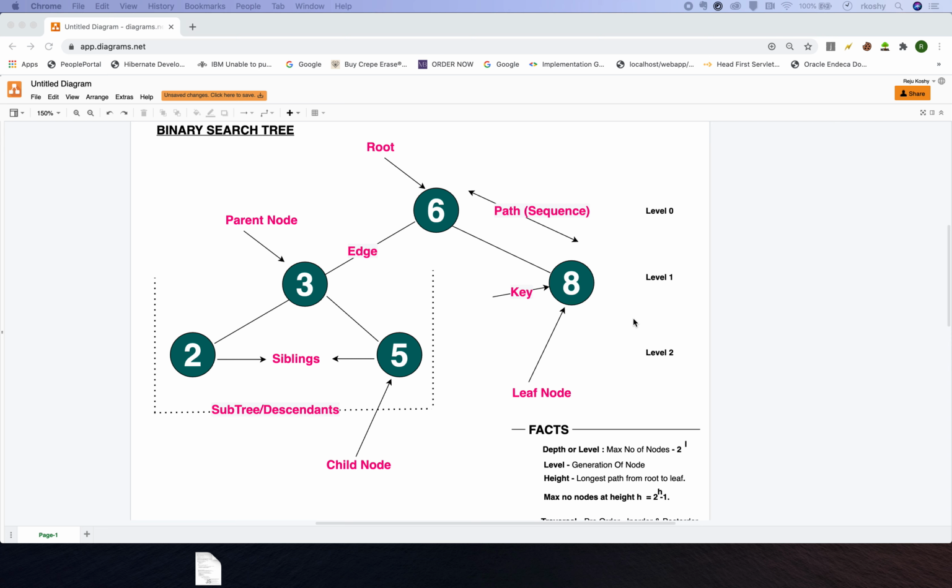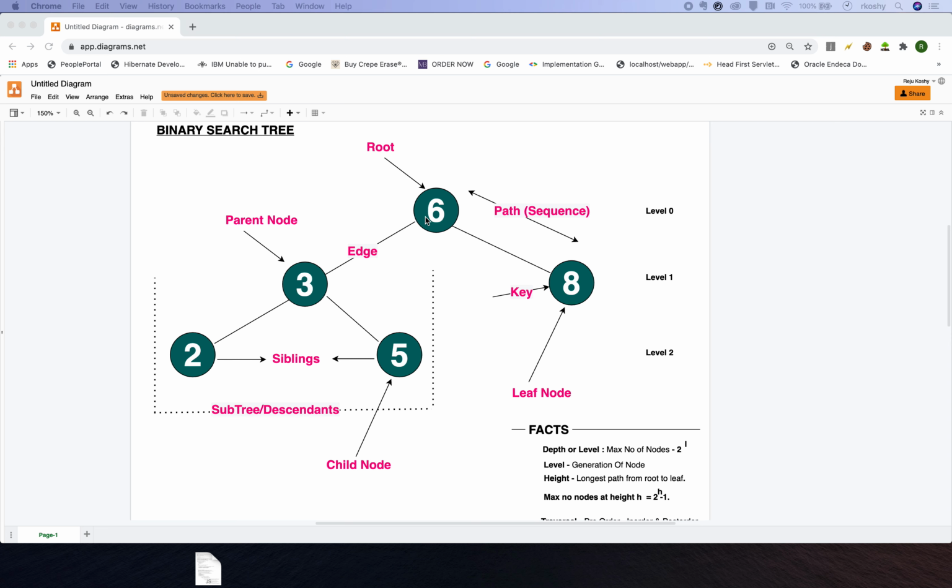But when it comes to the height, it is actually the longest path, starting from the root to the leaf. That is the height of the tree. So you cannot have two heights.